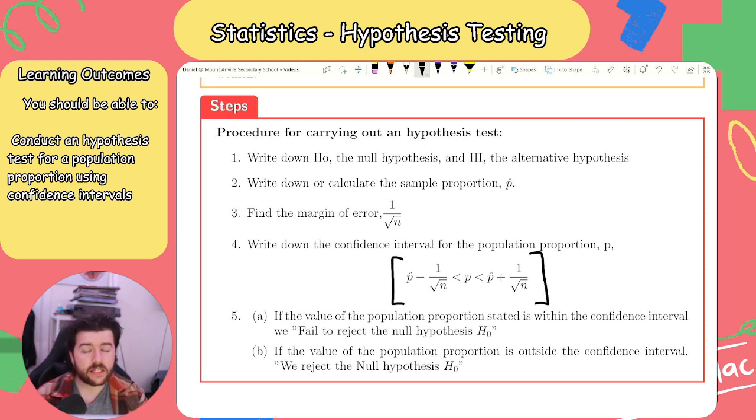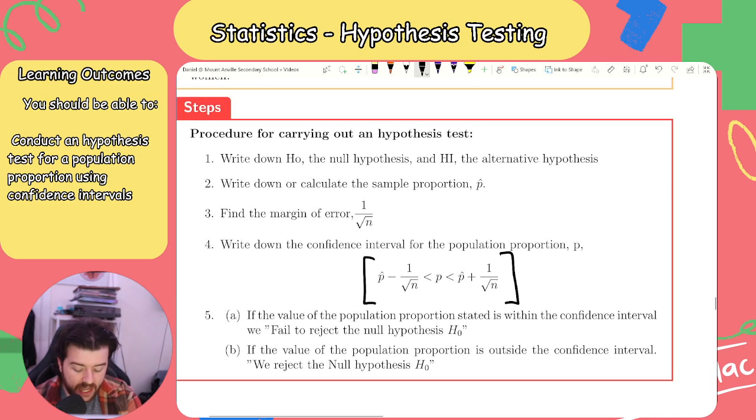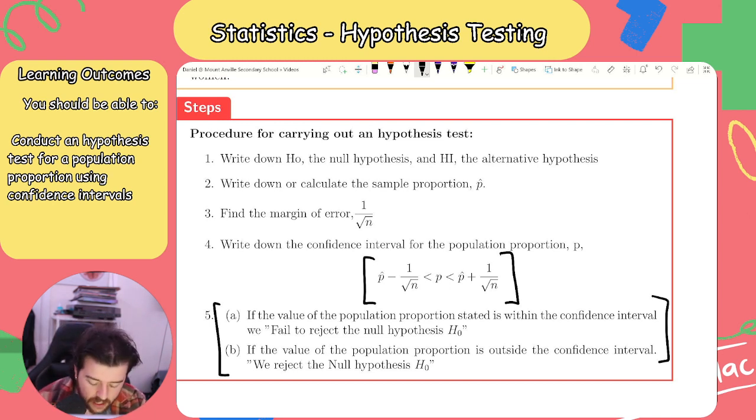Remember, my confidence interval is an interval of numbers where I'm 95% sure that my true, actual population proportion lies. So this is the really important part. If the value of the population proportion stated is within the confidence interval, we fail to reject.